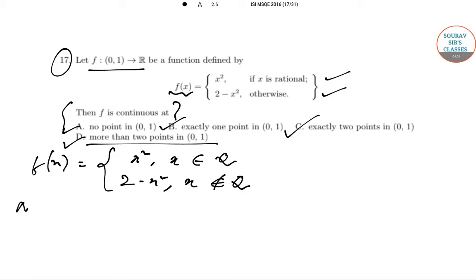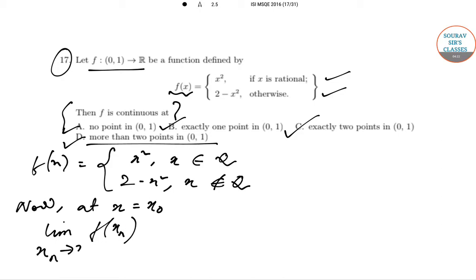Now at x equal to x naught, the limit of f of xn as xn tends to x naught is given by xn whole square when we take a sequence of rational numbers.